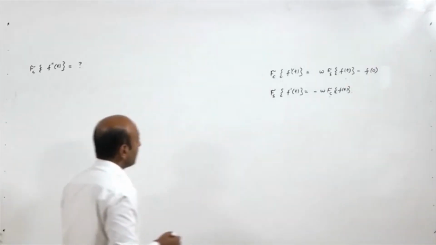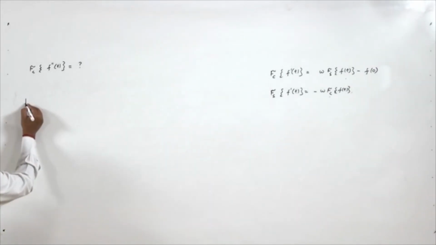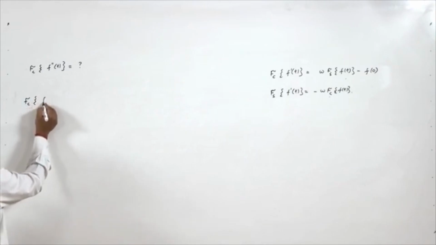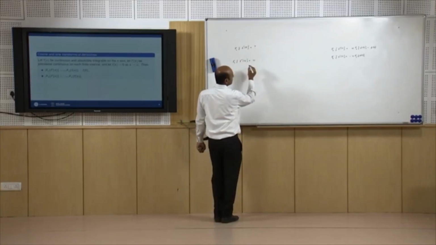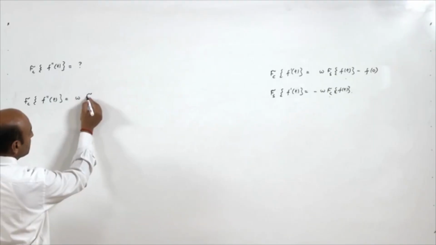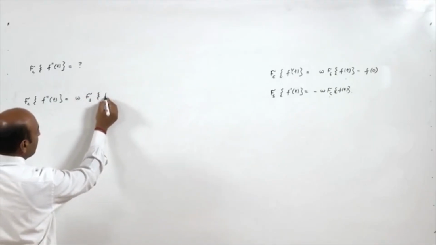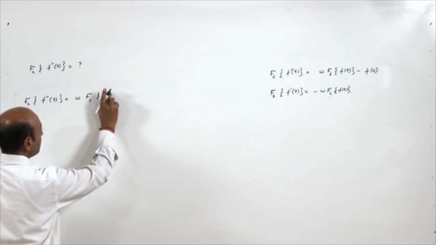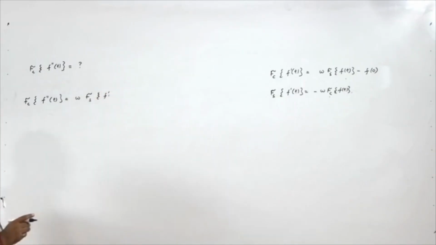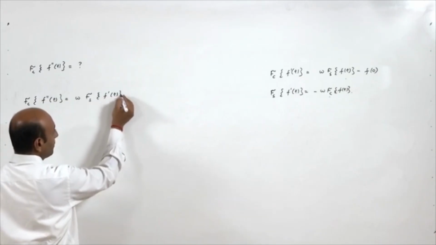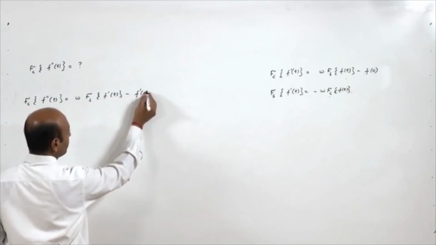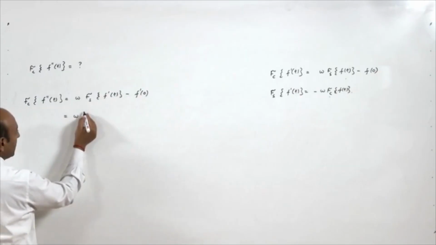So, when you replace f by f' in this expression, the Fourier cosine transform of f''(t) will be nothing but omega times the Fourier sine transform of f'(t), you are replacing f by f'(t), minus f'(0).